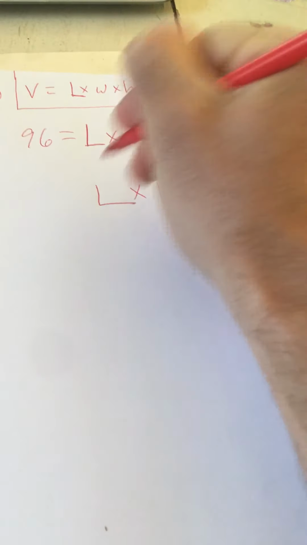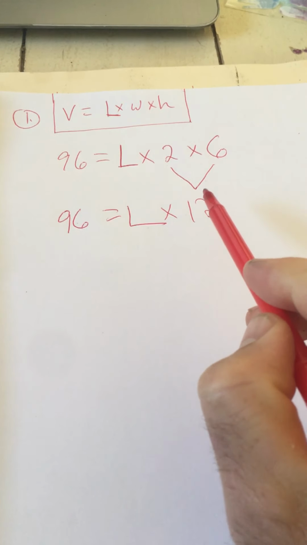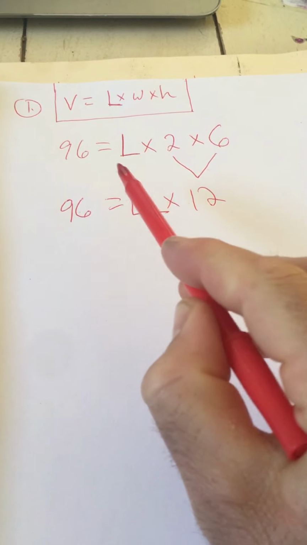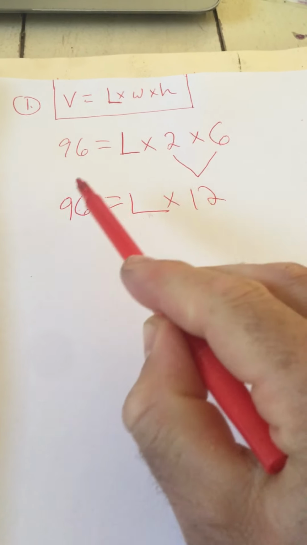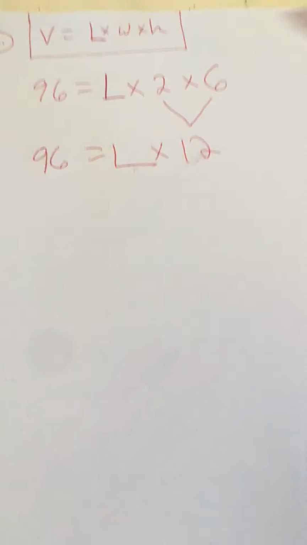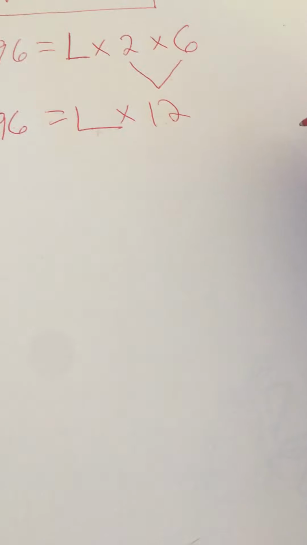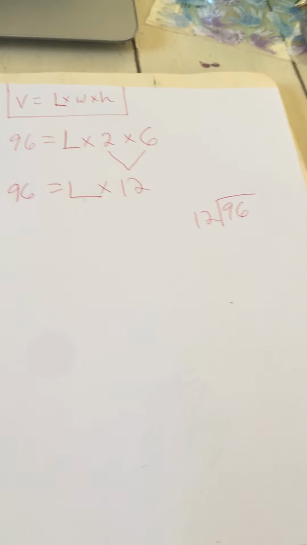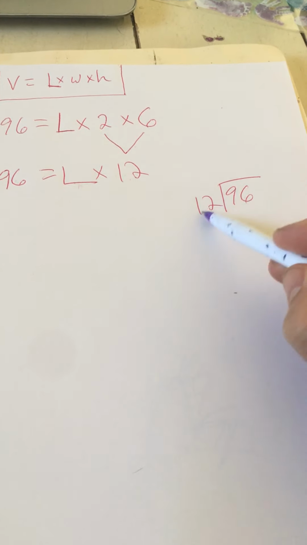So 12 times the length equals 96. So we're thinking what number times 12 gets us to 96? Or 96 divided by what number is 12? Or 96 divided by 12 is what number? So we are really doing 96 divided by 12 to see what number will multiply times 12 to get us to 96.